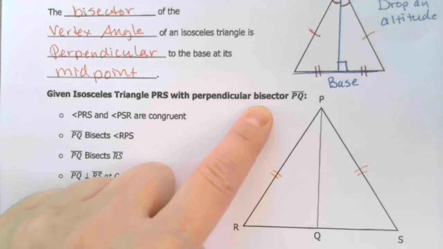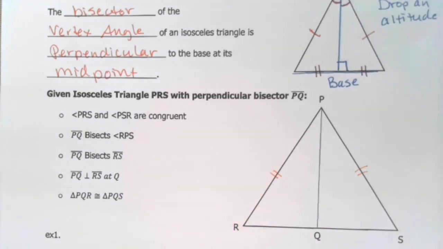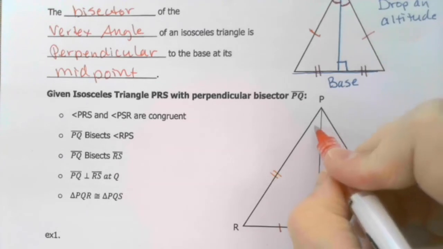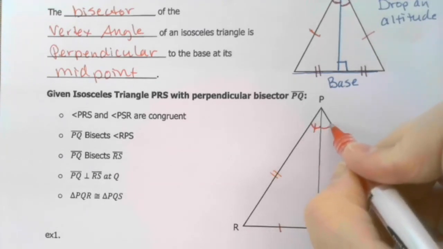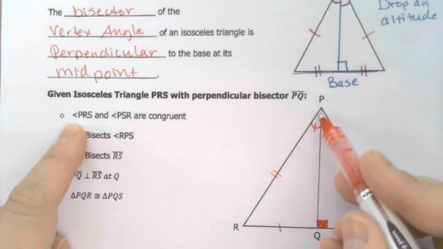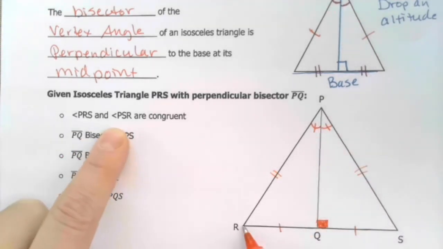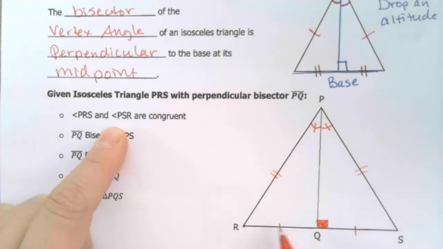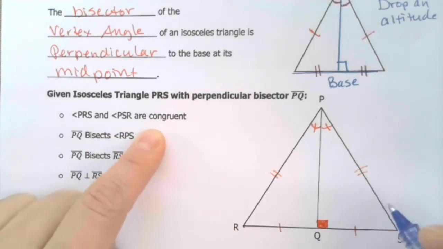It's a bisector because it bisects the base into two equal pieces, and it is perpendicular. It also splits the top angle into two equal pieces. So angle PRS, which is this one, and PSR are congruent. That is true.